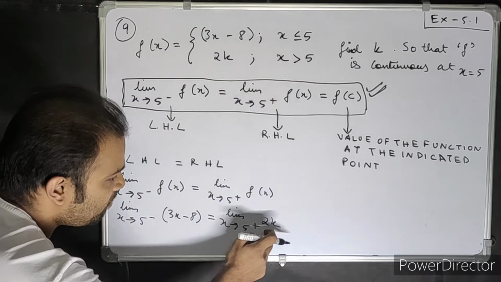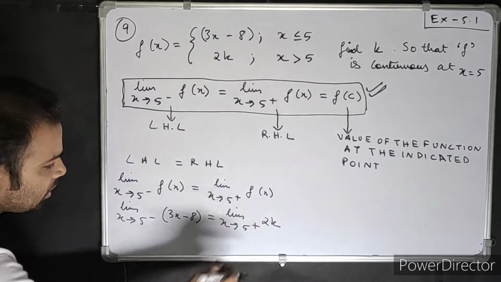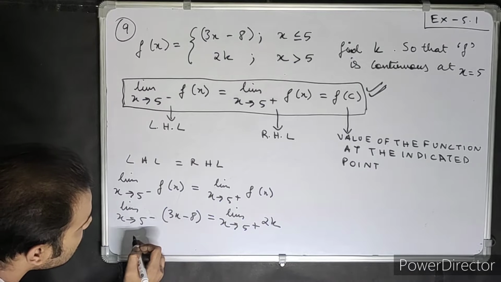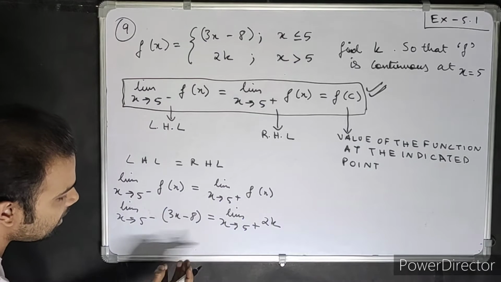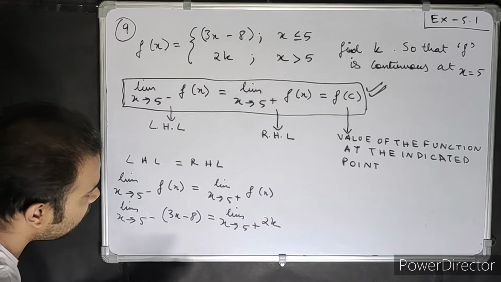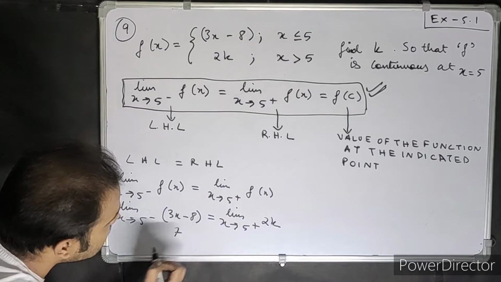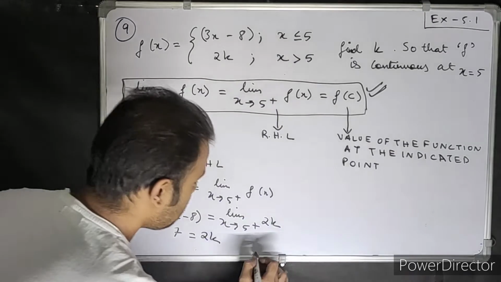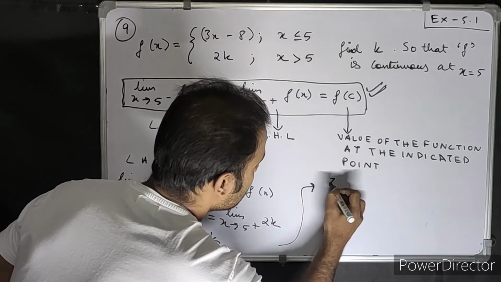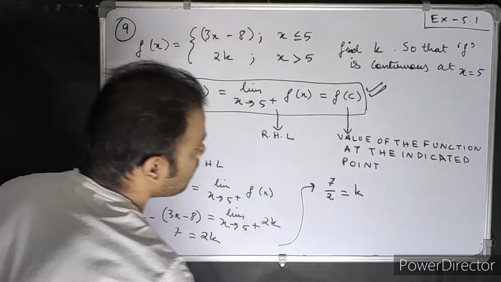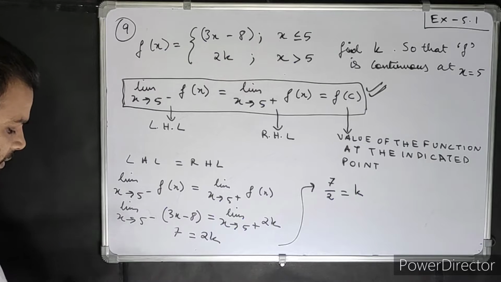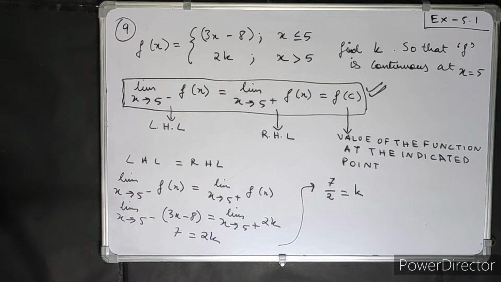Over here you cannot put the 5 because that's 2k, a constant that will remain like that. So 5 threes are 15, 15 minus 8 is 7, and that is 2k, which implies 7 by 2 is equal to k. That's the value of k.